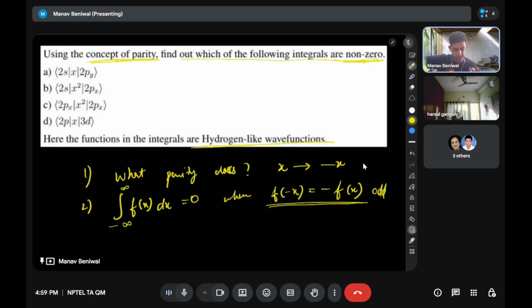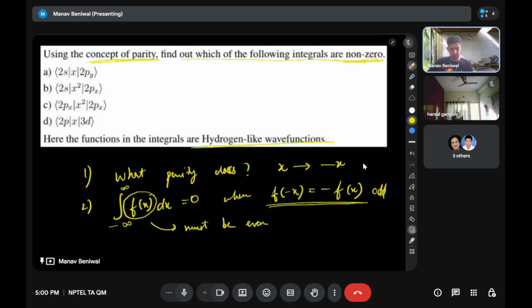Essentially now we will combine these two things. They are asking that these integrals have to be non-zero, so whatever we have inside the integral must be even. If this entire thing comes out to be odd, then we know that we'll get 0.